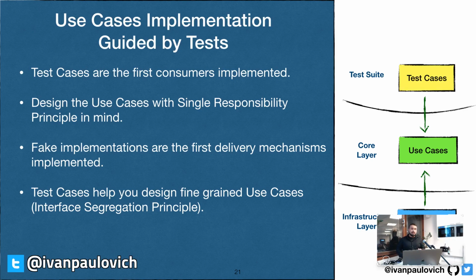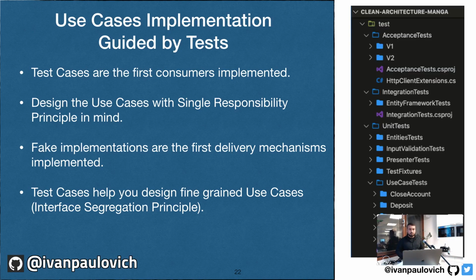There are a few principles here. The test cases will guide you to find the best interface for your use case, basically applying the interface segregation principle. And use case implementation should at least follow the single responsibility principle. In other words, being responsible for only one actor. That is the summary of these principles.